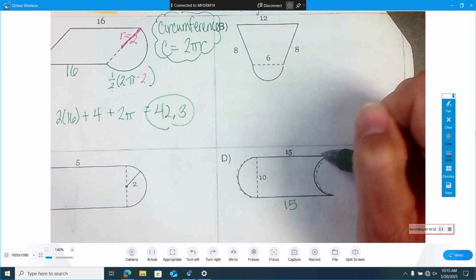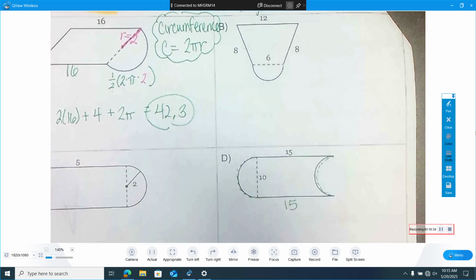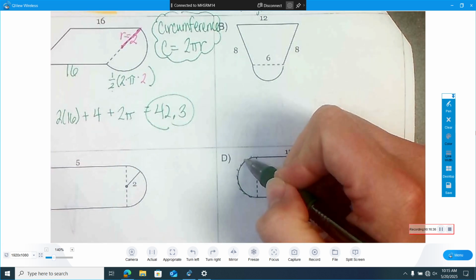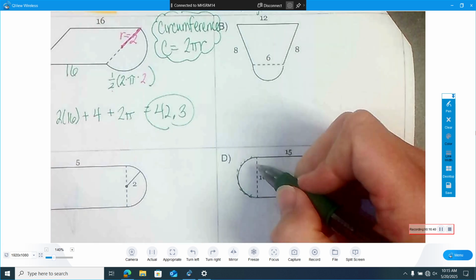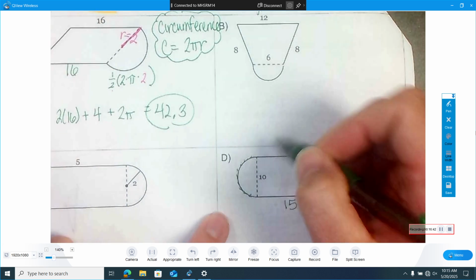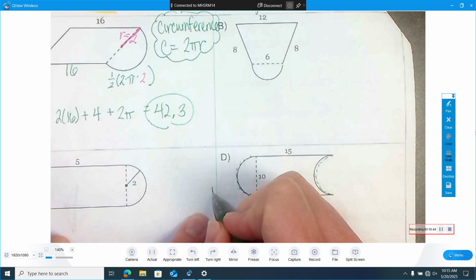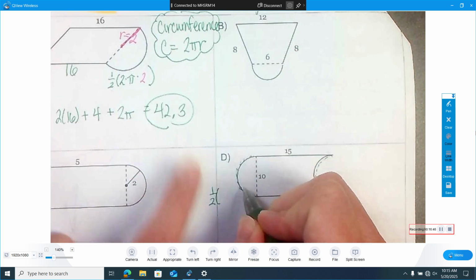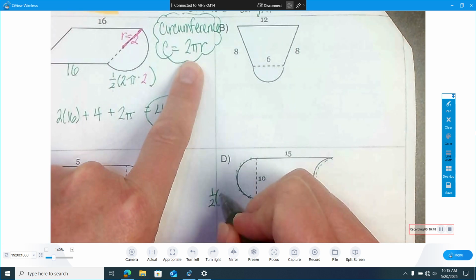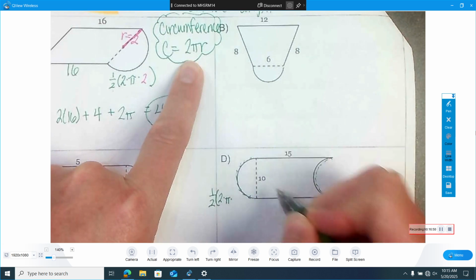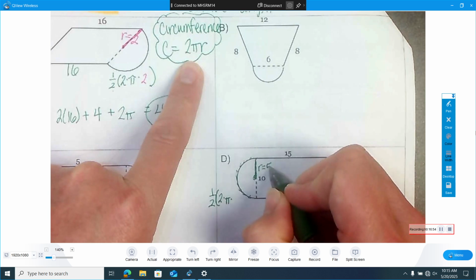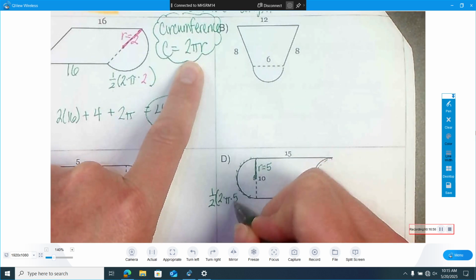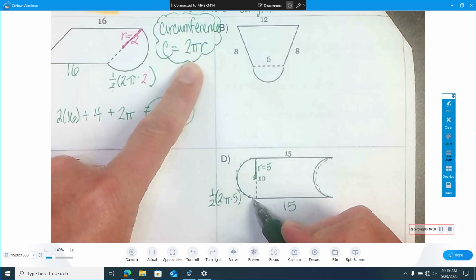So I'm going to walk 15, let's say, inches, and then I have to traverse, what is this? Circumference. All right, so I have to traverse half of the circumference. So 2 times pi times what's my radius? R equals 5. Okay, so I have to traverse half a circle.